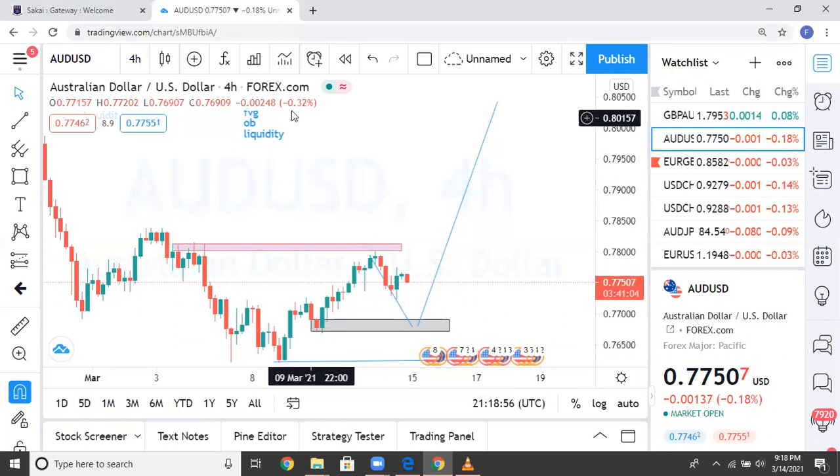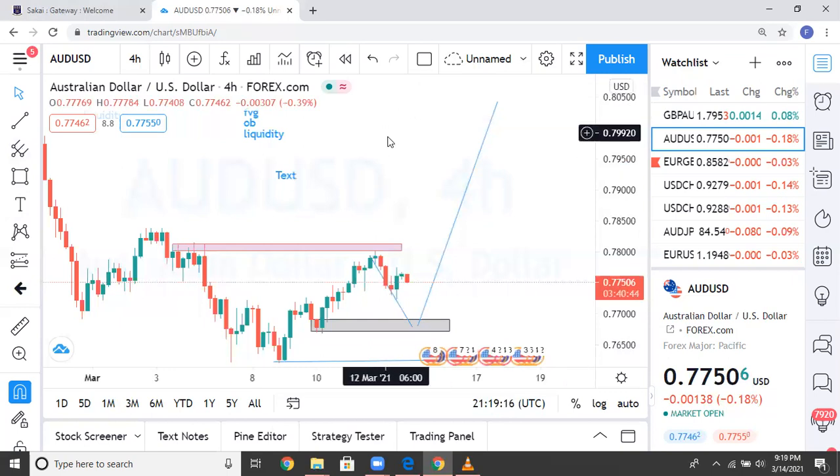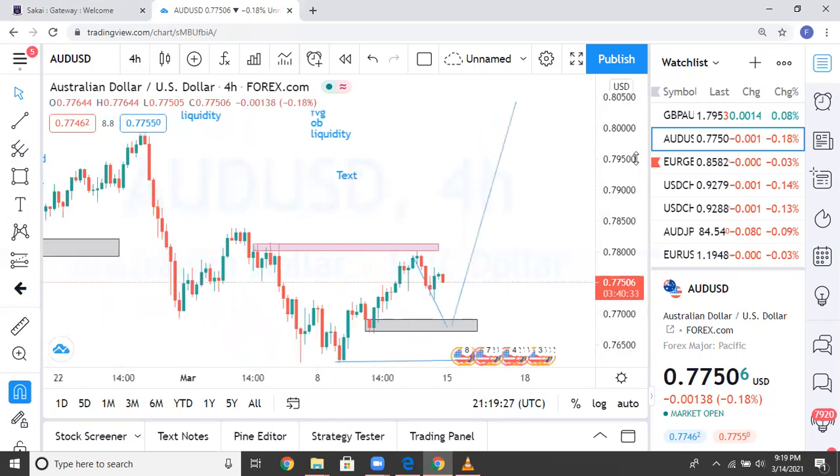Before we'll be able to trade this strategy, there are some things we need to know. One, whether the market is moving in a directional bias or the market is consolidating.